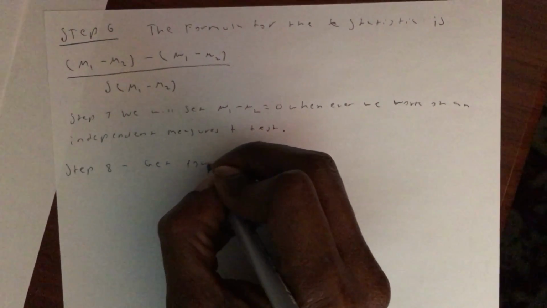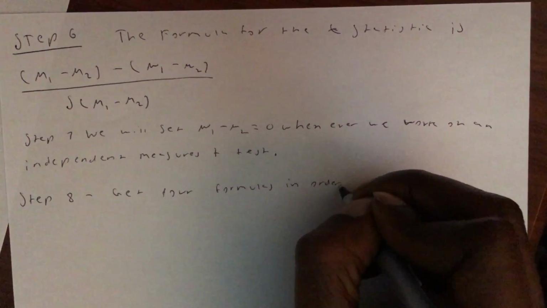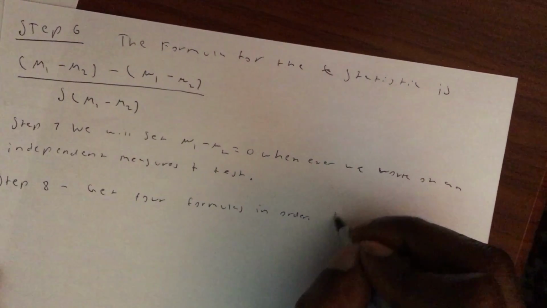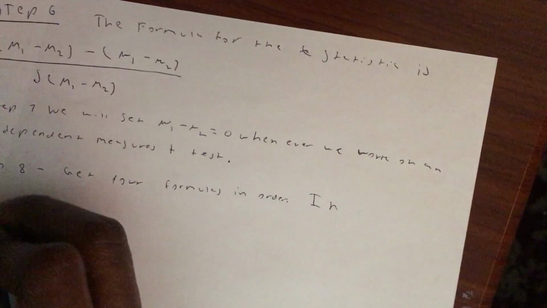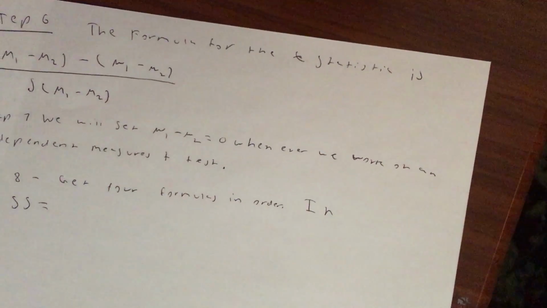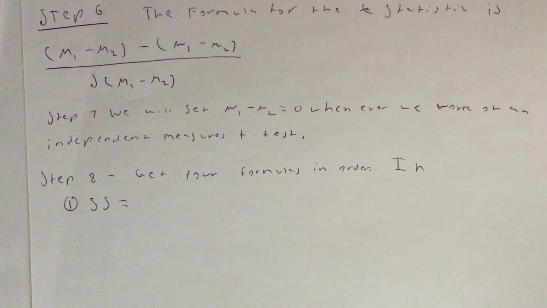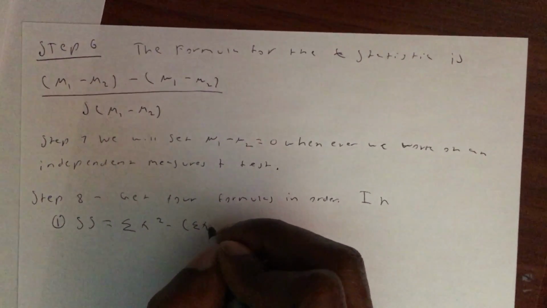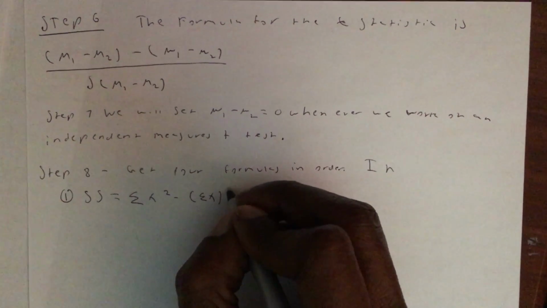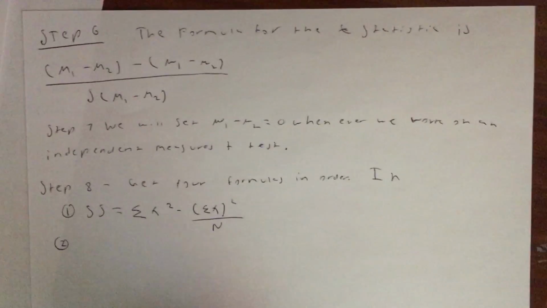Step 8, get your formulas in order. In order to obtain the t-value, we first need to calculate the sum of squares using this formula.